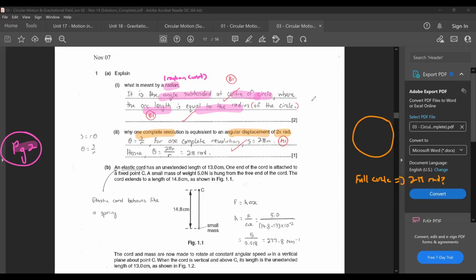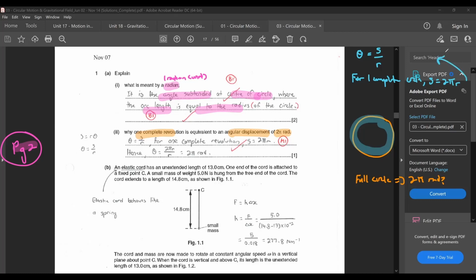Okay, so there was a derivation on the first page of your notes which I mentioned to you before. If you know the angular displacement theta, or rather angle in radians, is your arc length over your radius, we know that for 1 complete circle, your arc length is actually the full circumference of your circle, which is 2 pi r.